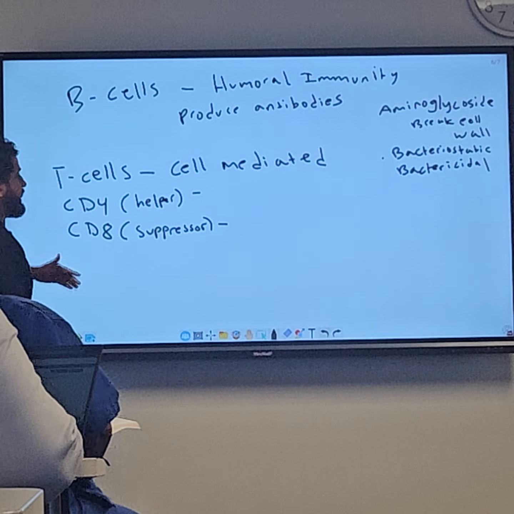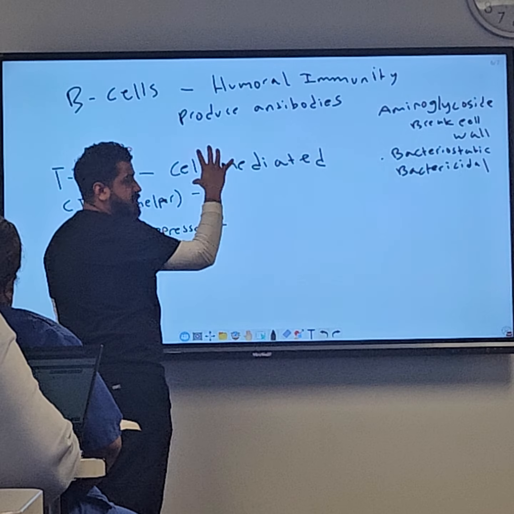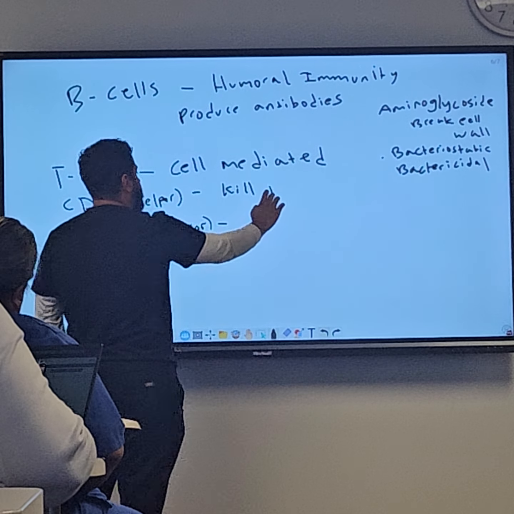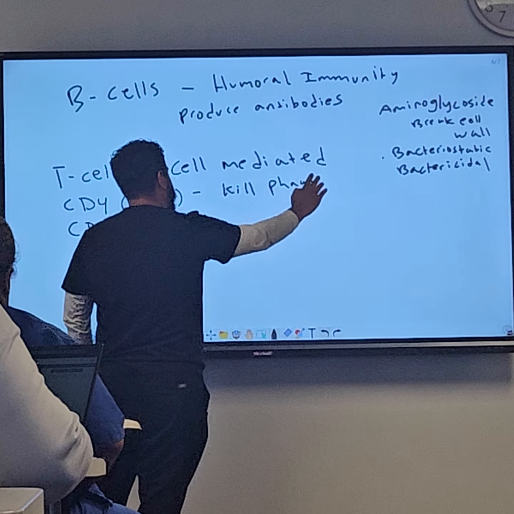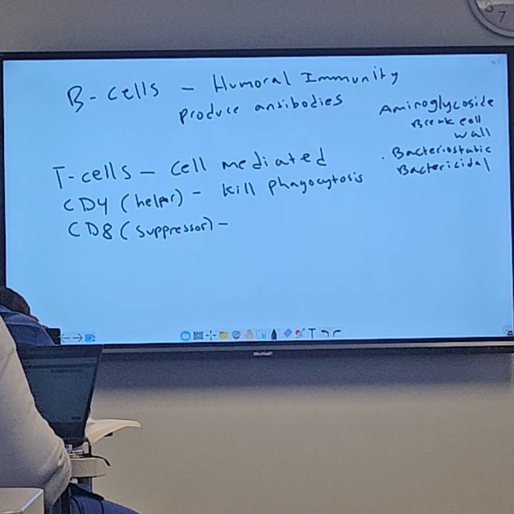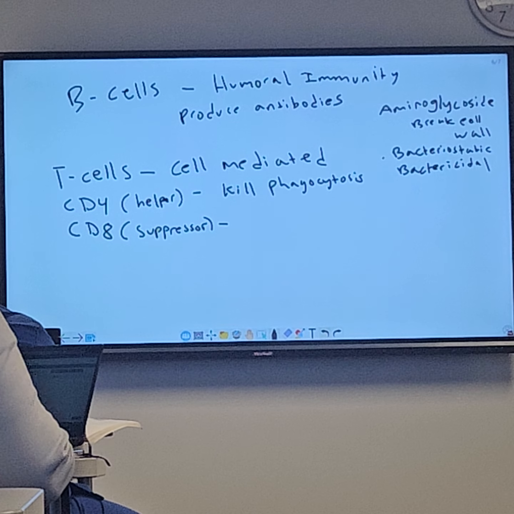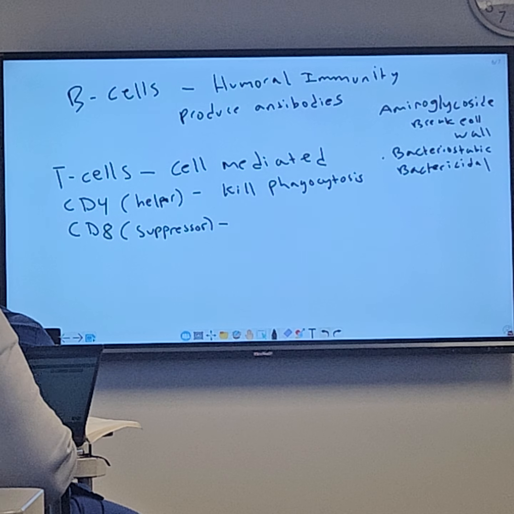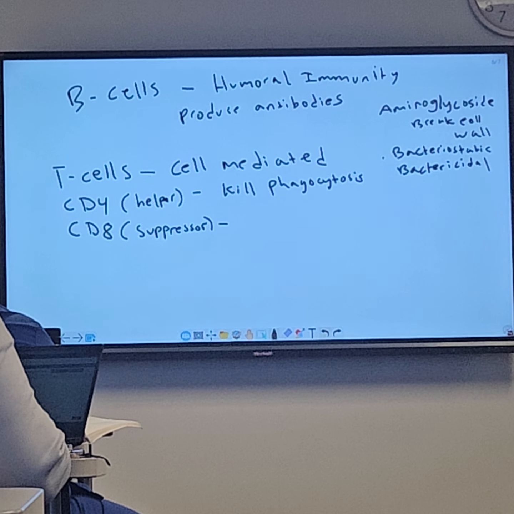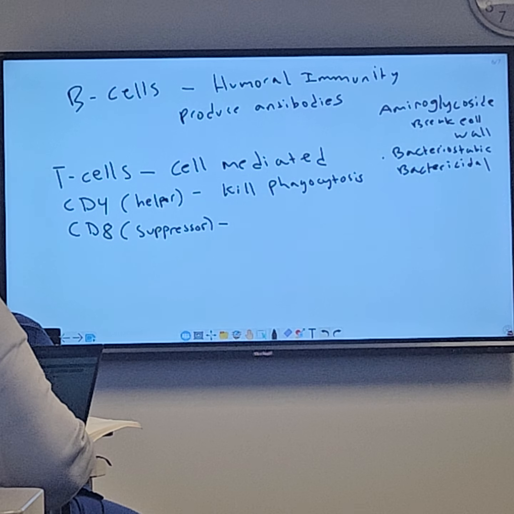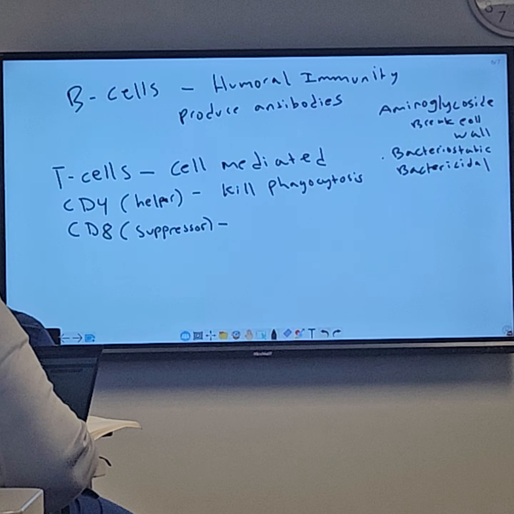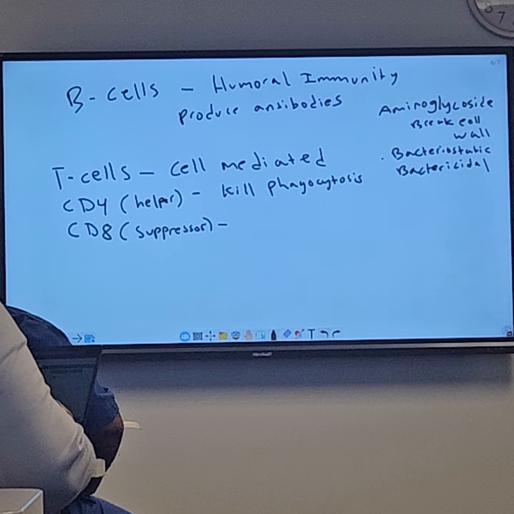So CD4 and CD8s stimulate a response, recruit more cells, and actually help kill a lot of them too. These do it through phagocytosis as well. So you have B cells and T cells. Humoral immunity is broad.